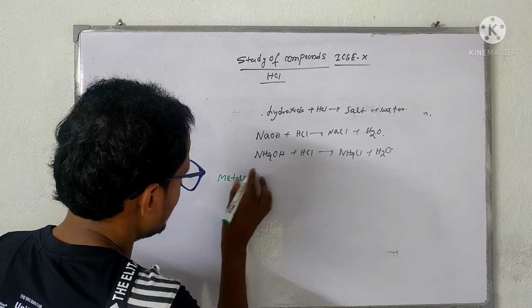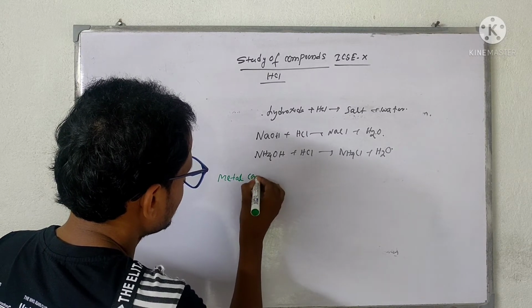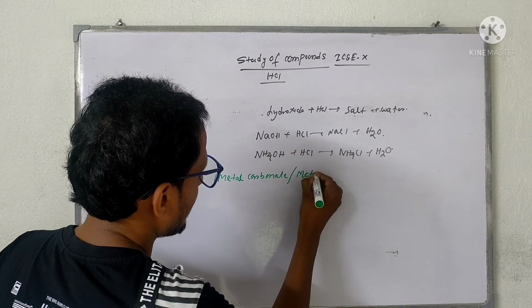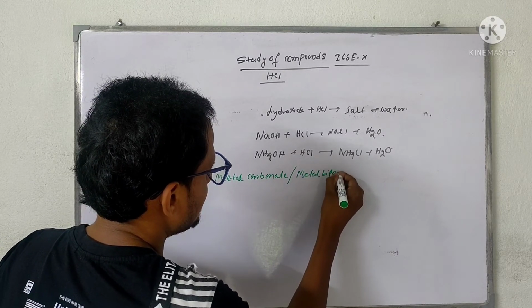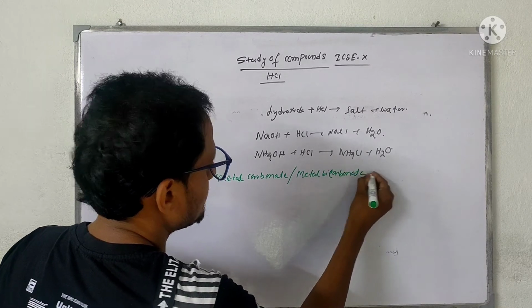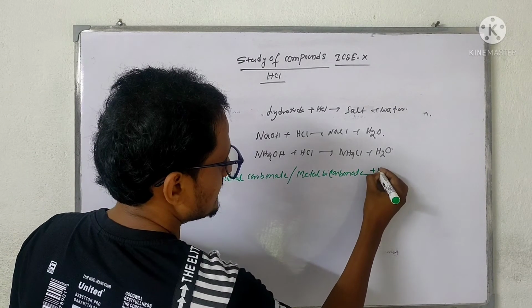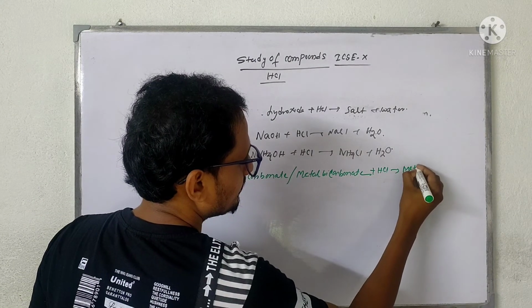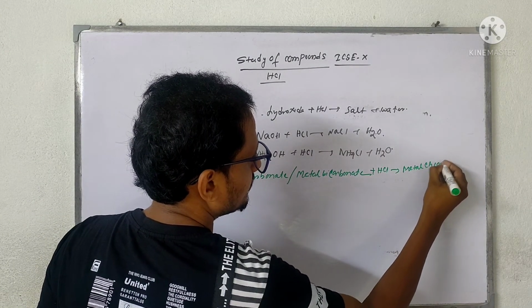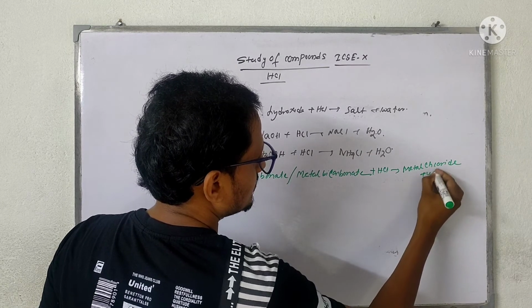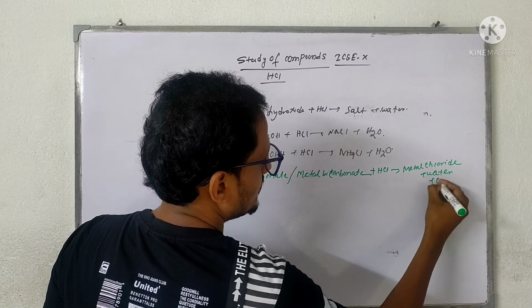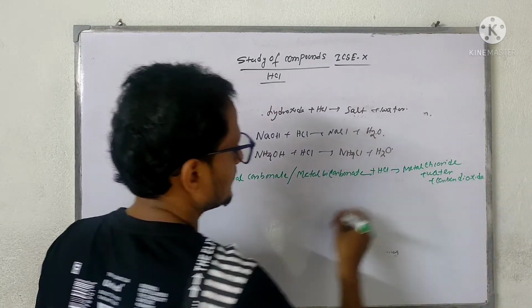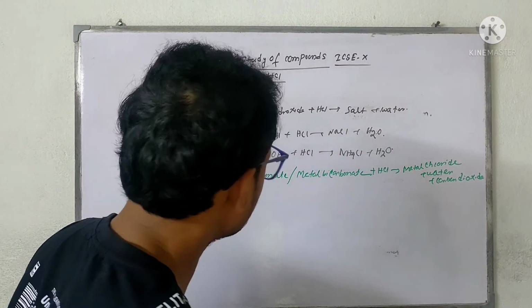Metal carbonate or metal bicarbonate plus HCl will form metal chloride with water and carbon dioxide. Clear?